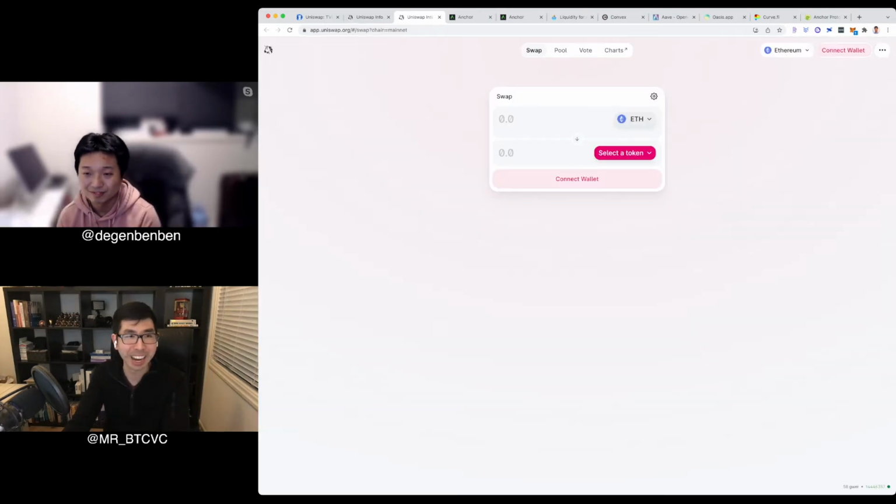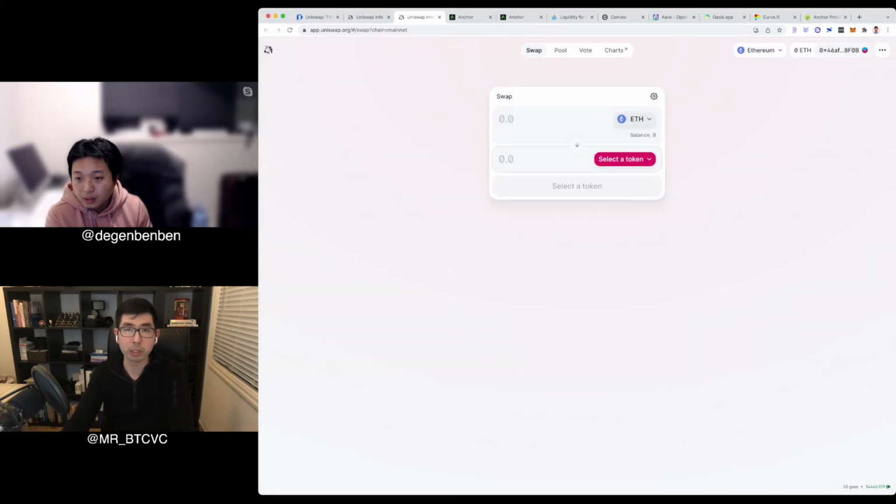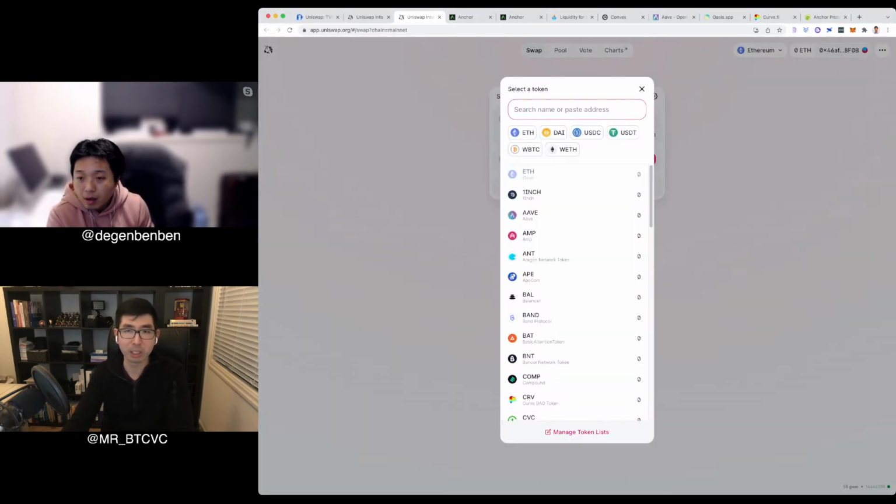So this is it. Everybody knows what this looks like because it's become the industry standard user interface for swaps, right? So you can choose any token on their whitelisted tokens.